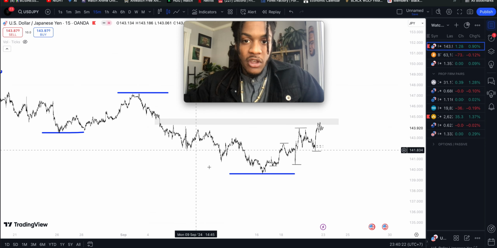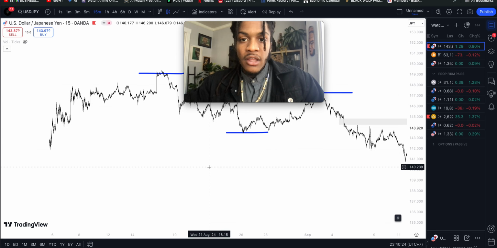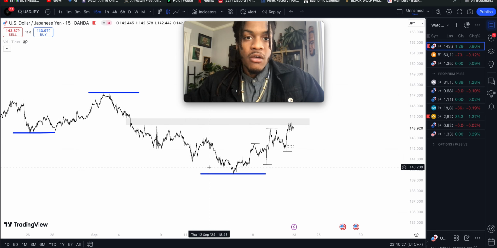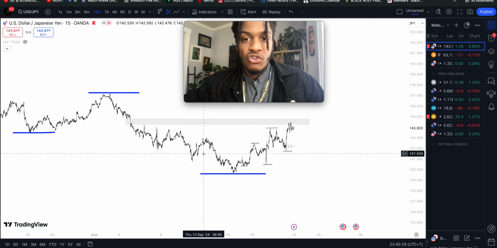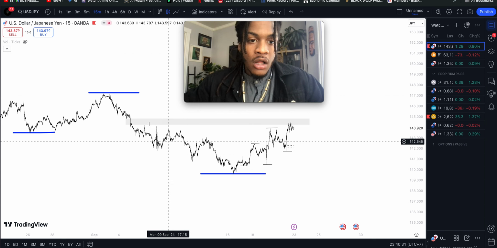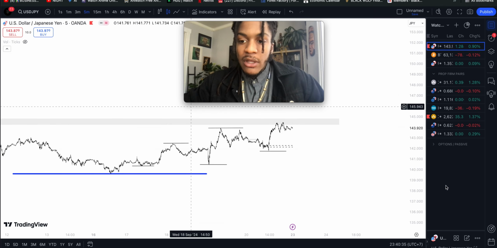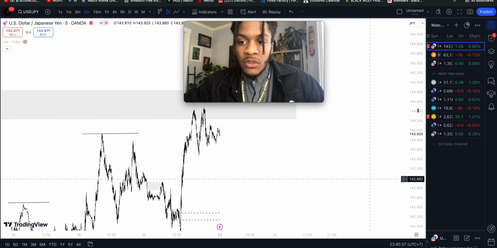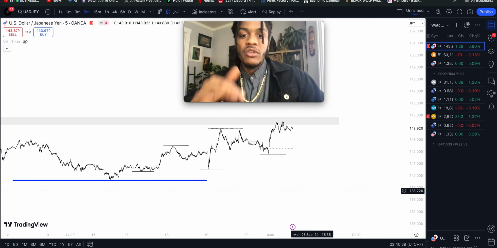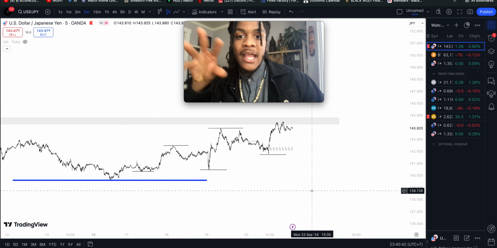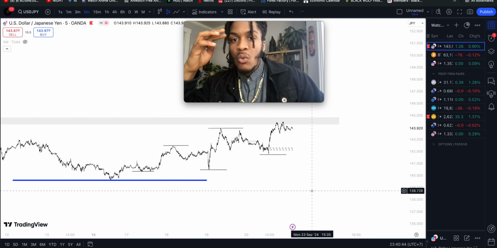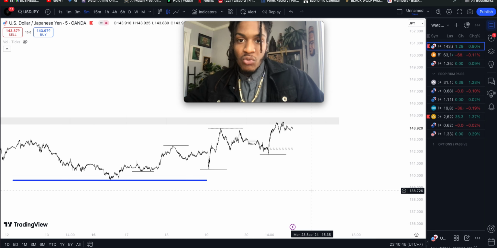The blue lines you're seeing on my screen are basically a reflection of the long-term structure, which is on a higher time frame. On the lower time frame, 15-minute to 5-minute, our market structure is going to be those clear gray lines that you're looking at. And when you start doing this, it's going to help you know where you're at in the market so you can understand what you're expecting, because that's what you need to know in order to get into trades.